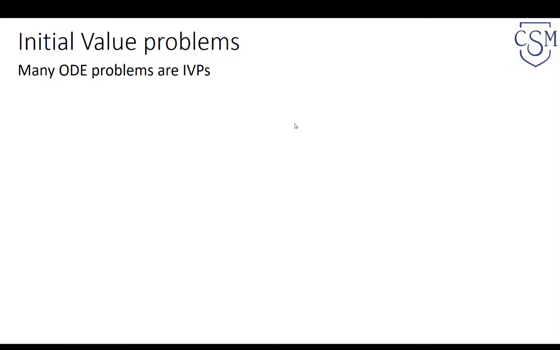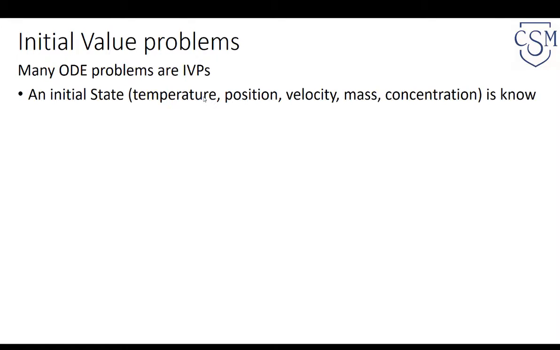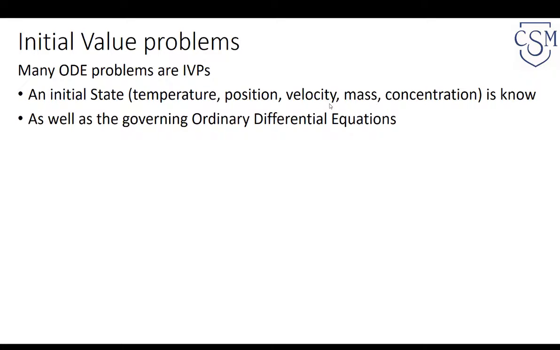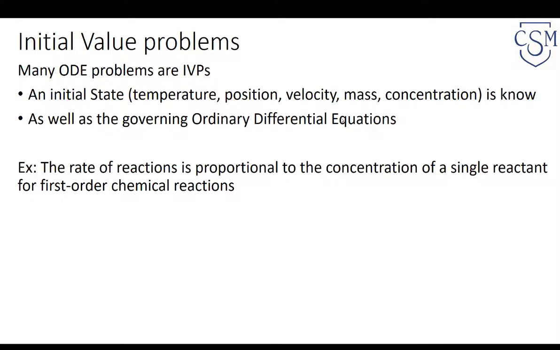Many ODEs that we'd like to solve are what we call initial value problems, or IVPs. That is where we know the initial state of our differential equation, such as temperature, position, velocity, mass, or concentration, as well as the governing equation. A classic example of this is the concentration of a first-order chemical reaction.